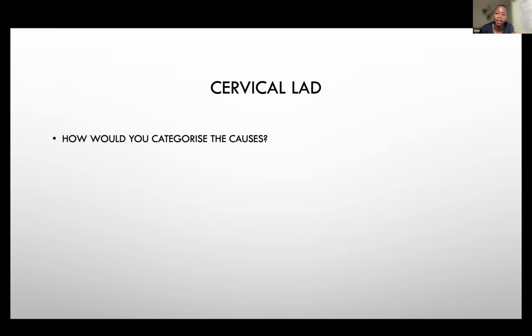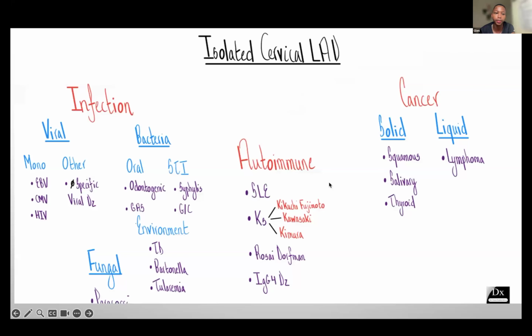So I cannot see what people are saying in the chat, but I would assume if there's someone who said something in the chat similar to what I have here. So here I have the 3 categories for evaluating cervical lymphadenopathy causes. So we can have infection, autoimmune, and cancer.